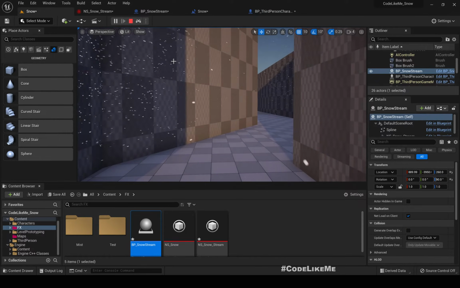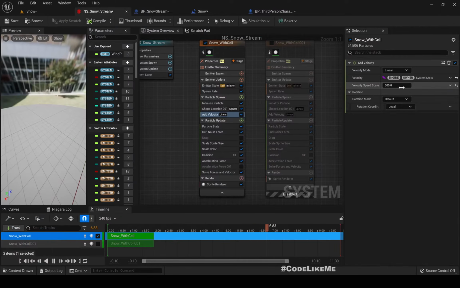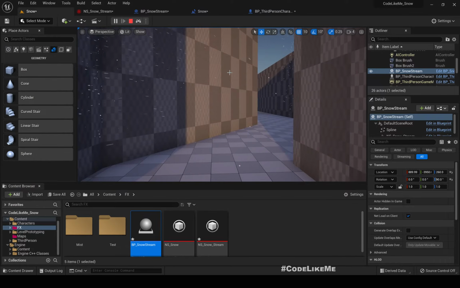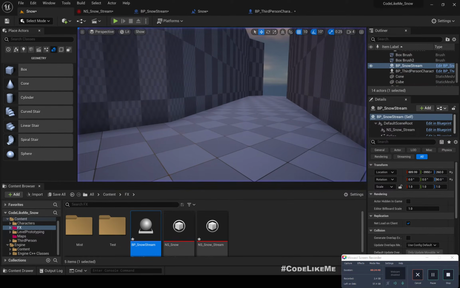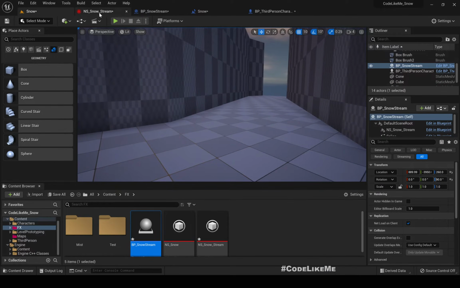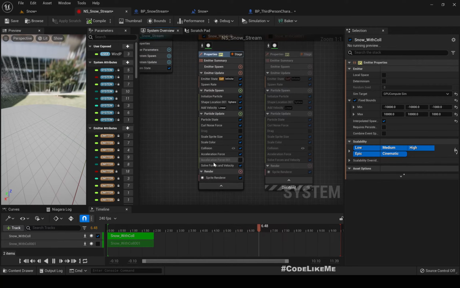If we want to increase the speed, of course we can try a higher value here, like this. Right, also to improve the effect, now let's do some improvements.